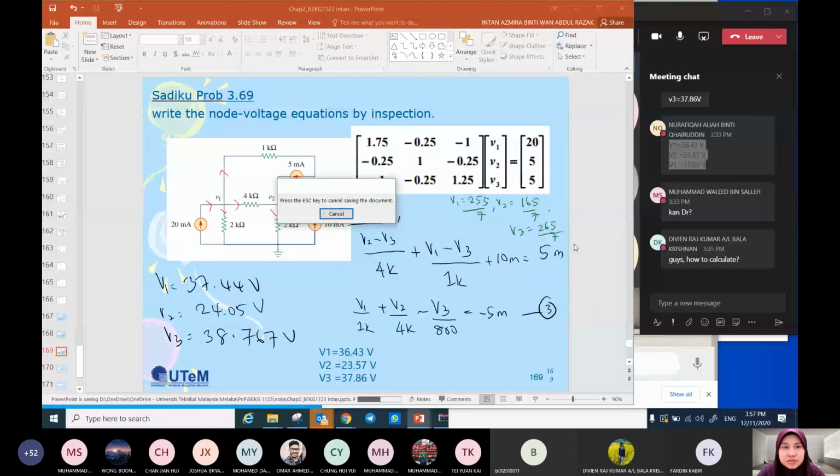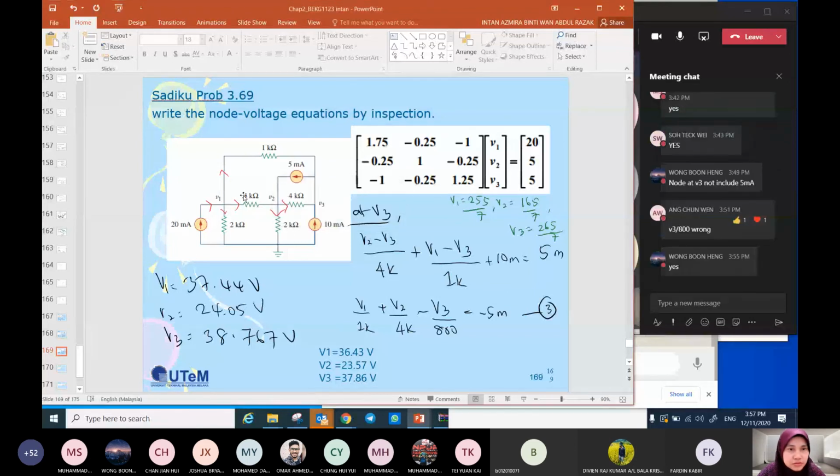Any question want to ask me? If we use mesh analysis, we will have 1 mesh, 2 mesh. Okay, only 2 mesh to solve because this mesh the current is 20 milli, this mesh the current is 5 milli, and this mesh the current is 10 milli.